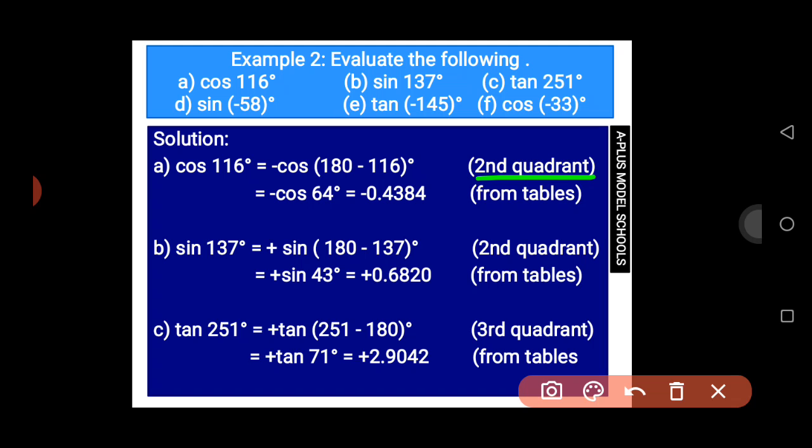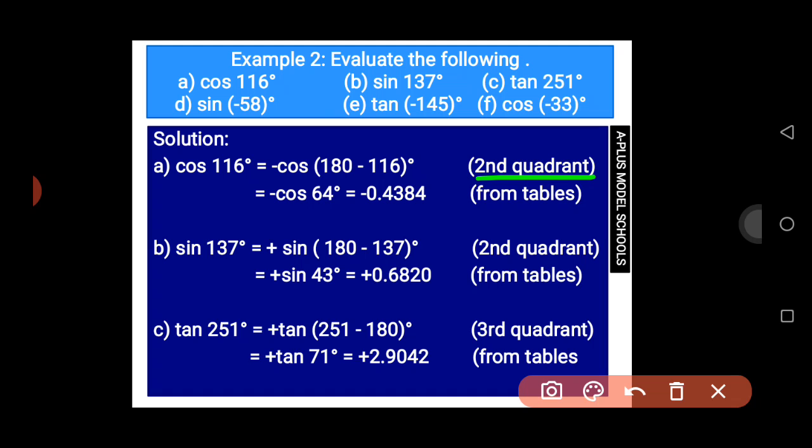Then example B, where we have sine 137 degrees. 137 degrees falls in the second quadrant as well, and the formula there is 180 degrees minus theta.